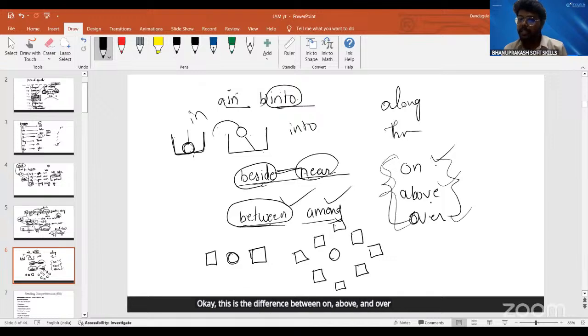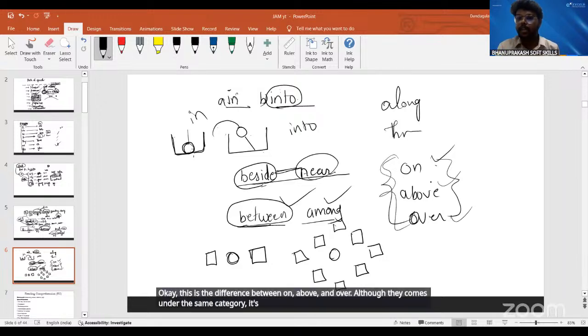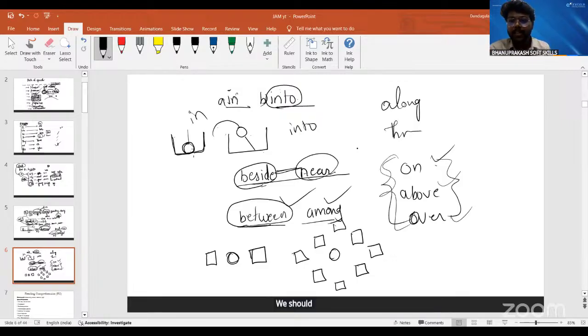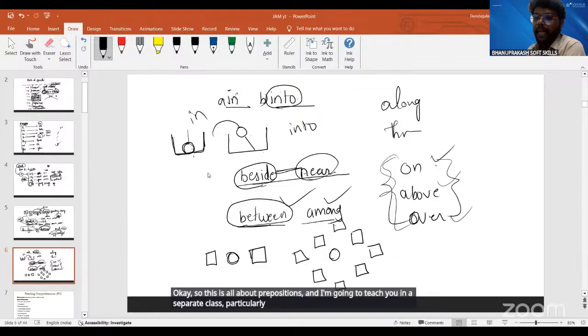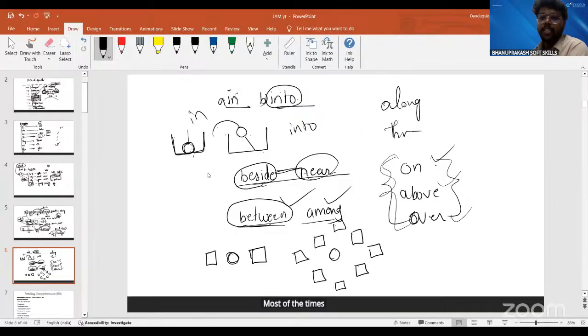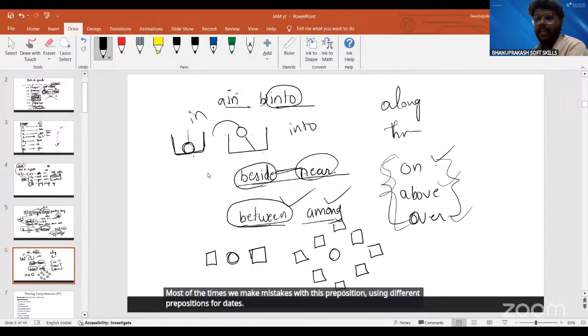Although they come under the same category, it's a distance thing. We won't measure accurately here, but we should understand the basic distance between them. So this is all about prepositions, and I'm going to teach you in a separate class the difference between in, on, at, where there is a triangle for that, because most of the time we make mistakes using different prepositions for dates, months, years, and particular places.